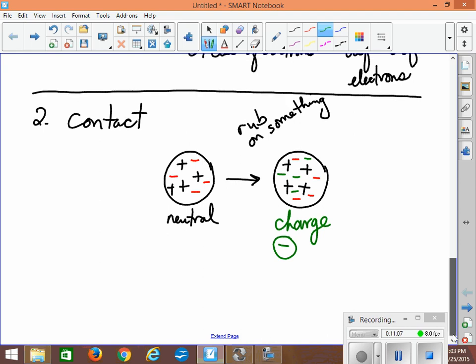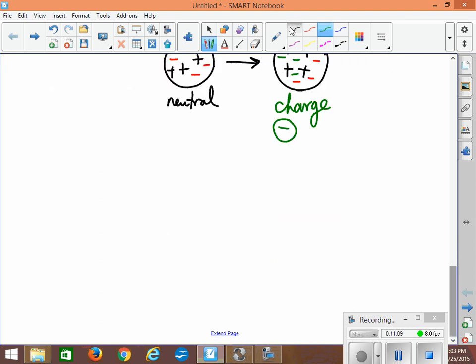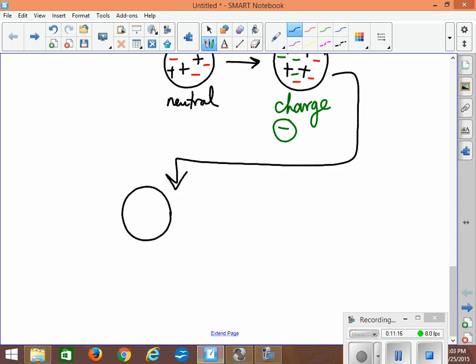Now, let's do something else with that guy. Let's take that particular guy and let's touch him against another ball that is just completely normal. So here is the completely normal ball. 2 pluses, 2 minuses, just to show that it's equal and neutral.